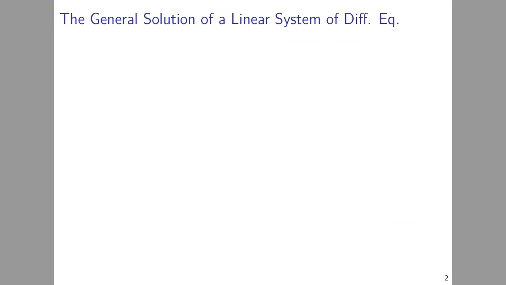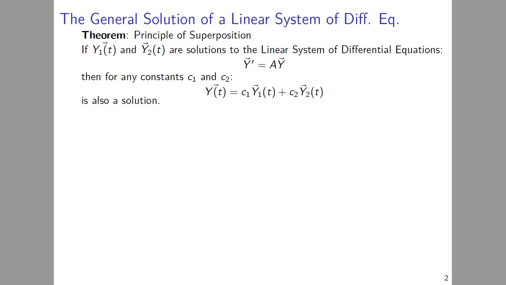The first theorem that we will need is the principle of superposition. We saw this for second order differential equations as well. It states that if y1 of t and y2 of t are solutions to a linear system of differential equations y prime equals Ay, then for any constants c1 and c2, y of t equal to c1 y1 plus c2 y2 is also a solution.